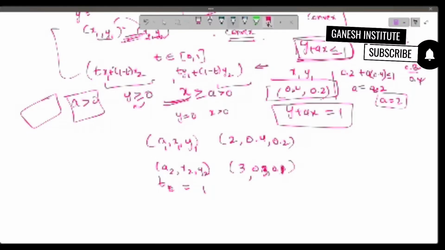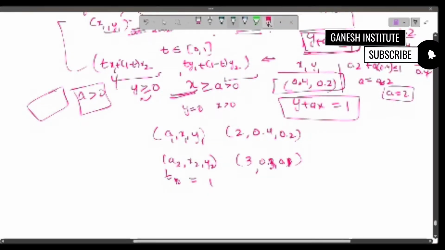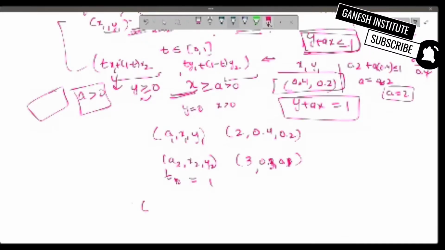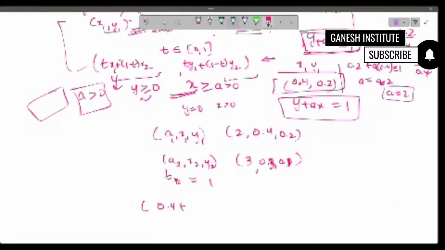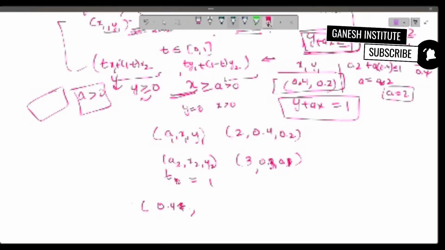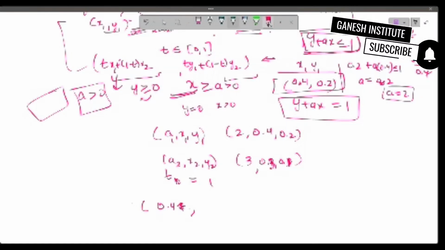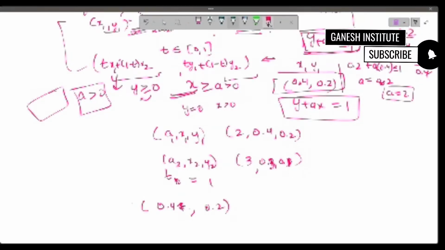So if you now substitute the values, the function tx1 plus 1 minus t into x2 becomes how? It is 1 minus t times 0.4 plus t times 0.1, and the y part is 0.2.